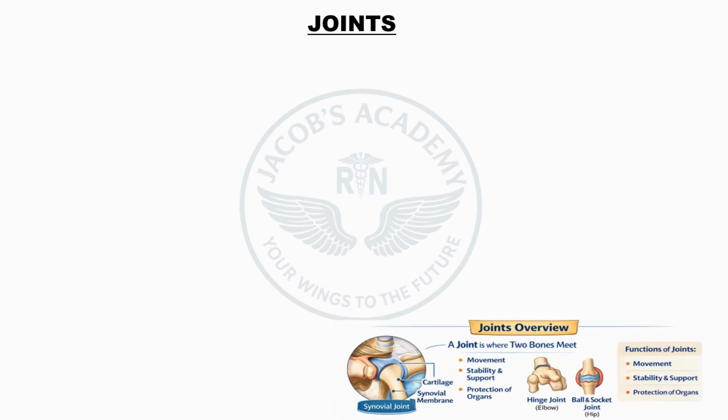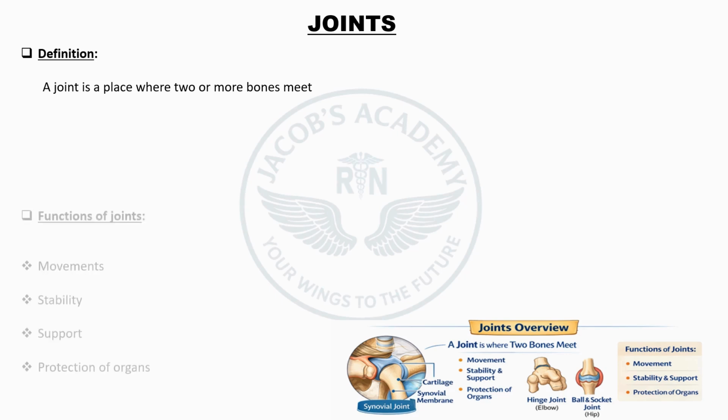Now let us move on to joints. First we can see the definition. A joint is a place where two or more bones meet. Joints are essential components of the skeletal system because they connect bones and allow the body to function as a coordinated unit.